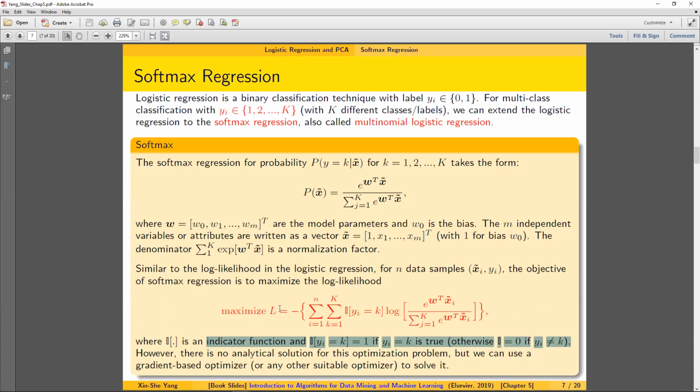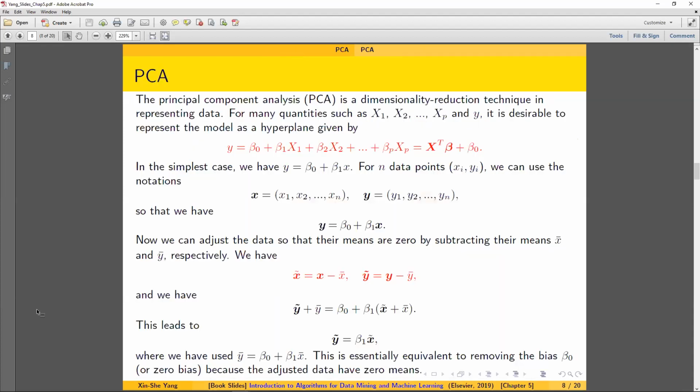So this is a likelihood function that not only considers multiple independent variables, but also multiple dependent categories. Then you could use a gradient-based optimizer to solve this likelihood function. That's softmax regression. Okay, we'll stop here as the first unit for chapter 5 and continue to discuss PCA, LDA, and ICA. Okay, thank you.